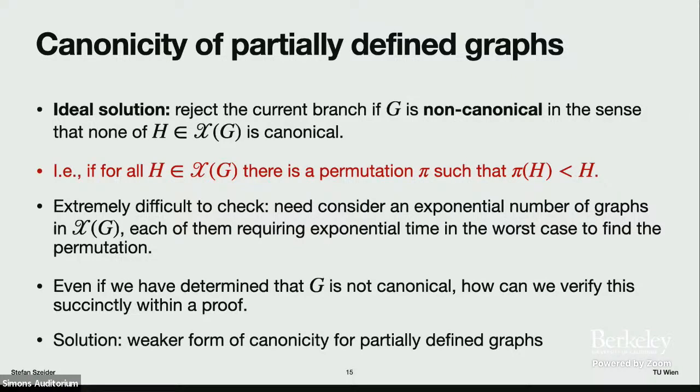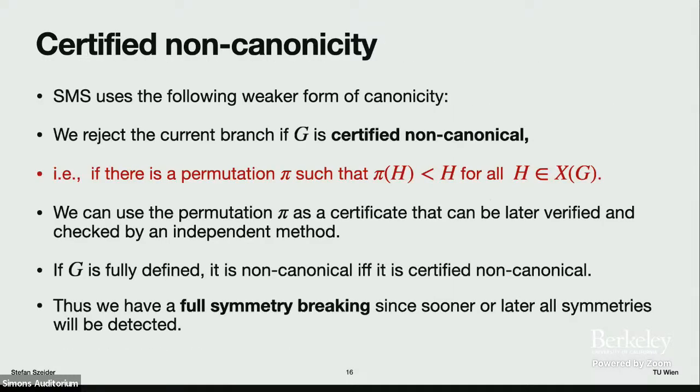But our solution is that we have a slightly weaker form of canonicity for partially defined graphs. In this weaker form, we reject the current branch of G, which we now call certified non-canonical, if there is a permutation pi such that pi of H is smaller than H for all fully defined graphs H that G can be extended to.